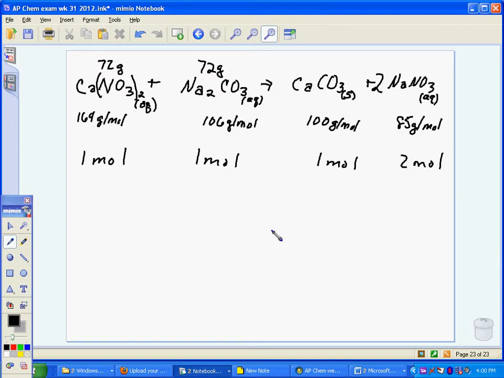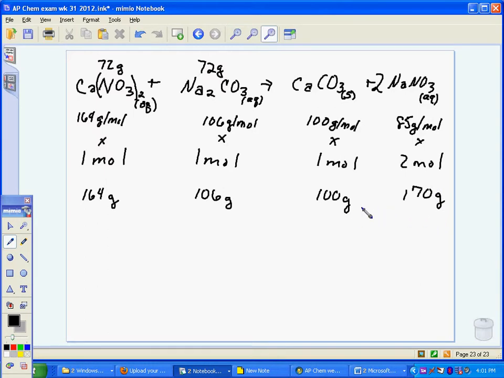So if we were to start out with a standard example, if I said 1 mole times 164 grams per mole, I'd be looking at 164 grams of calcium nitrate. 1 mole times 106 grams per mole is 106 grams of sodium carbonate. 1 mole times 100 grams per mole is 100 grams of calcium carbonate. 2 moles times 85 grams per mole is going to give me 170 grams of sodium nitrate.